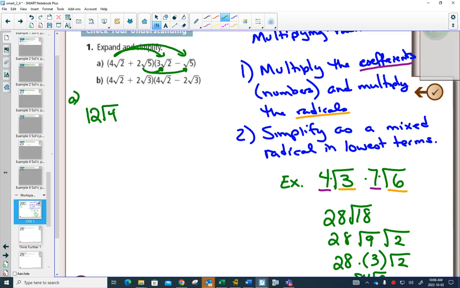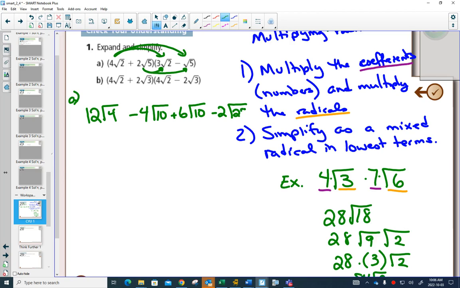Then the outside ones, I'd have 4 times a negative 1, negative 4, root 2 times root 5, root 10. The inside ones, 2 times 3 is plus 6, root 5 times root 2, root 10. And the last ones, 2 times a negative 1, negative 2, root 5 times root 5.